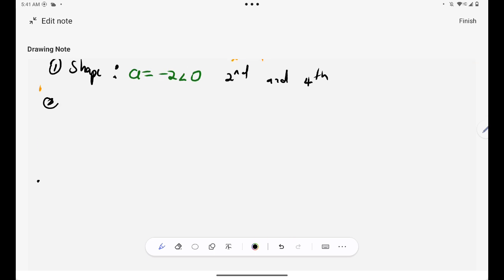Okay. Then secondly, my asymptotes. Hey, my learners once corrected me that asymptote has one S. Let me do so.